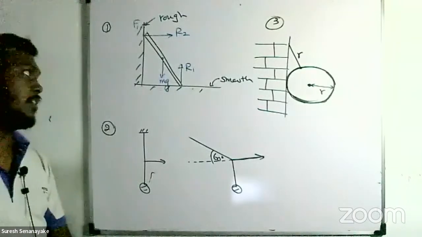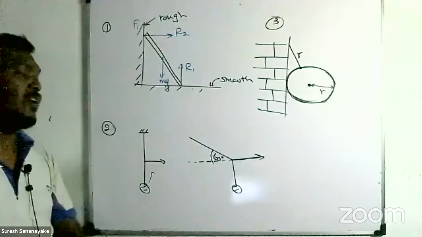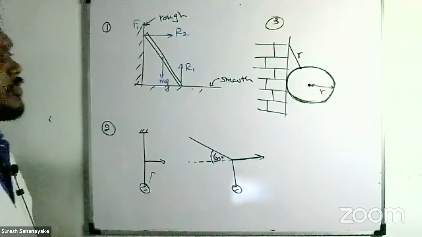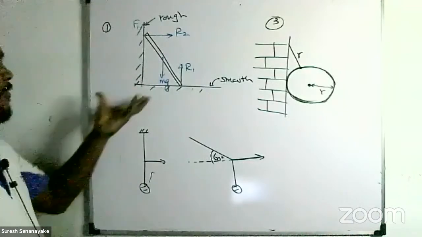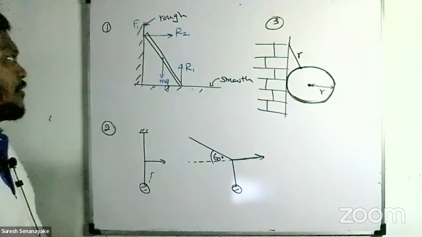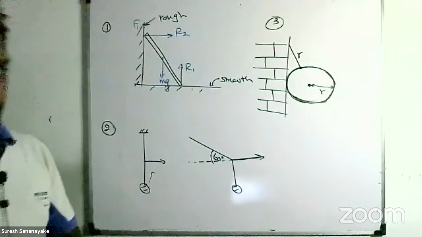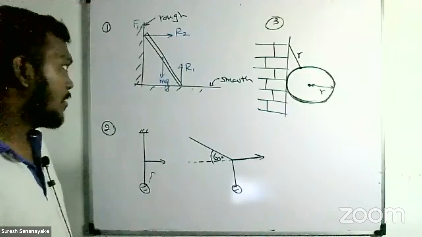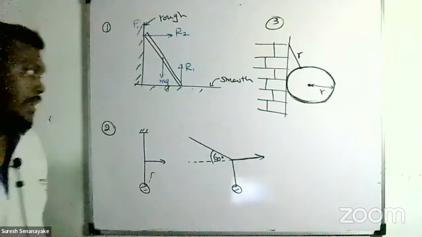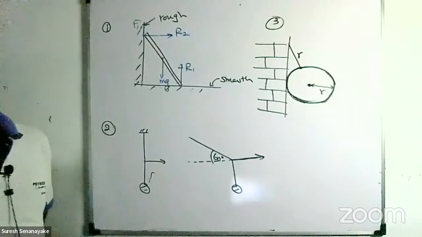You can draw the free body diagram and then write there. According to the free body diagram of the ladder, the R2 horizontal force will not be balanced by other forces.